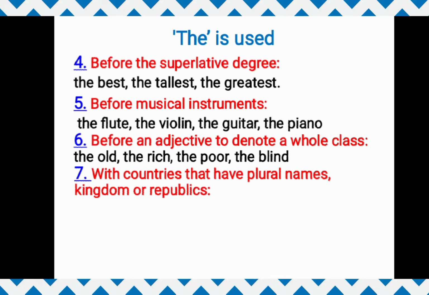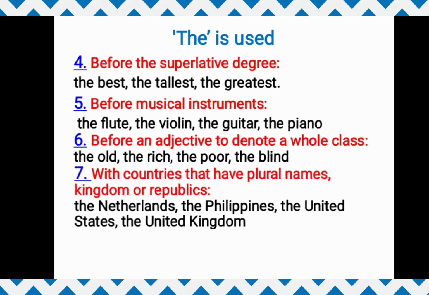Okay, the seventh use of the definite article "the" is before countries that have plural names, kingdoms or republics, like the Netherlands, the Philippines, the United States, the United Kingdom.